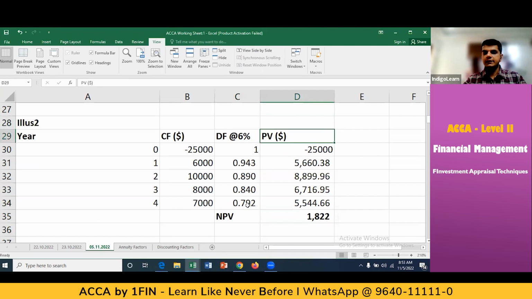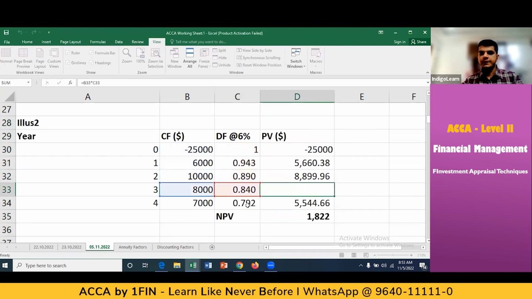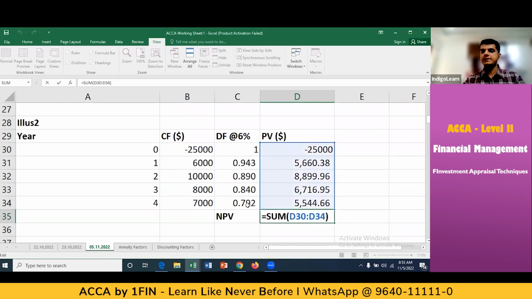So we'll just calculate the present values and then the final answer, that is sum of all these present values.